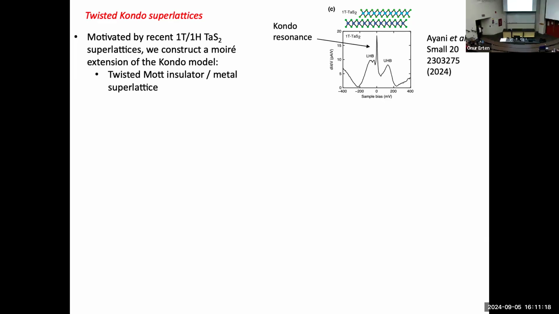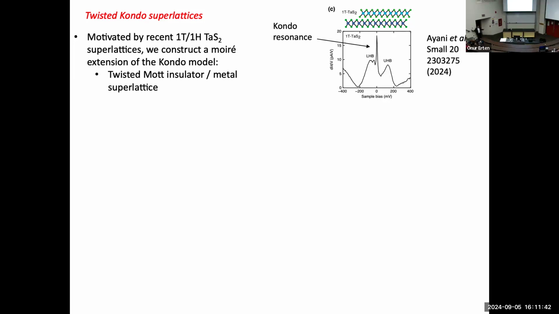And the interlayer exchange between them can give rise to an effective spin-spin exchange. And indeed, in scanning tunneling microscopy experiments, people observed what looks like a Kondo resonance. Okay, so this gives us the motivation to introduce a moiré superlattice version of the Kondo model.